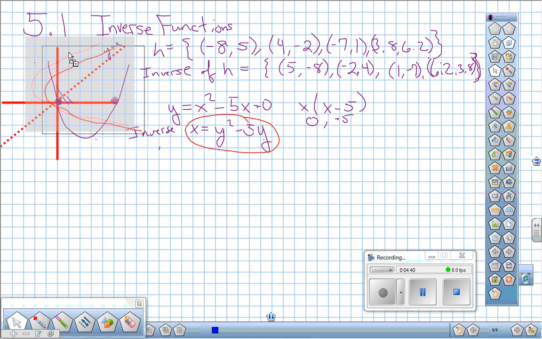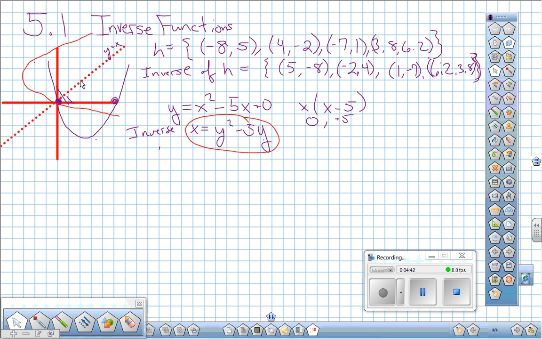Any points that I had in common on the actual line will still be there. So this still needs to go through (0, 0) because it was on the dotted line. And then if I look at it, it should also go through positive 5 on the y-axis. 1, 2, 3, 4, 5. Those are easy reference points along your x and y-axis to make sure that the graph still goes through those points. And this is honestly what my graph would look like for a lot of your problems.